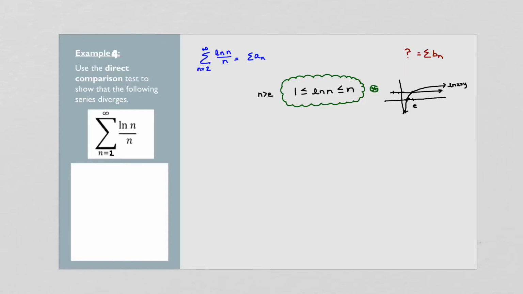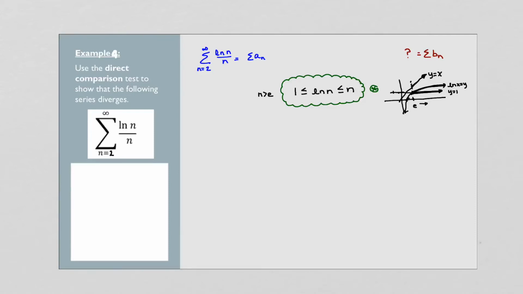And then I have y equal to 1, and y equal to x. So visually, when you are larger than e, the arrangement is that y equals 1 is smaller than the natural log function, which is smaller than the function y equals x. Or in other words, 1 will be smaller than the natural log of n, which will be smaller than n.